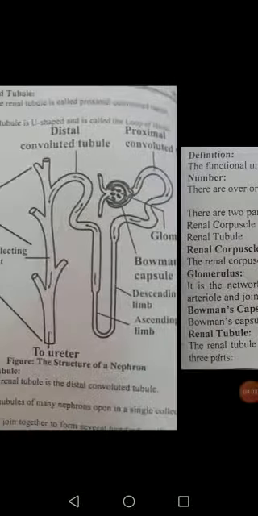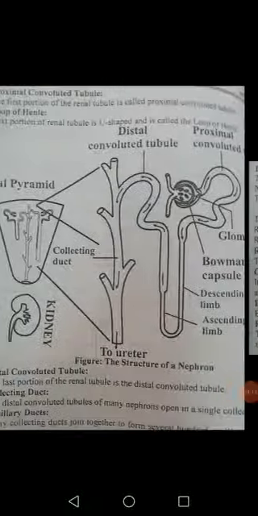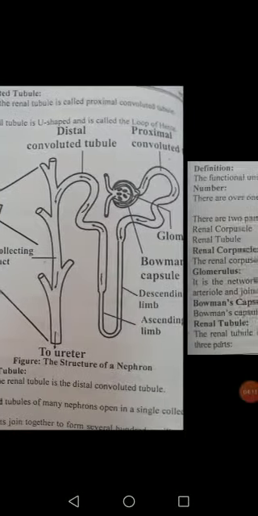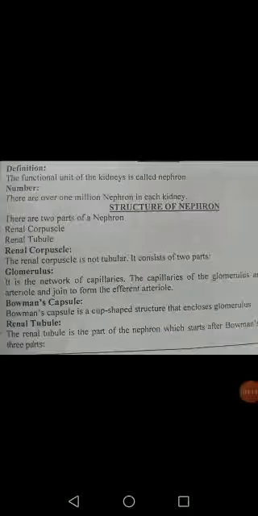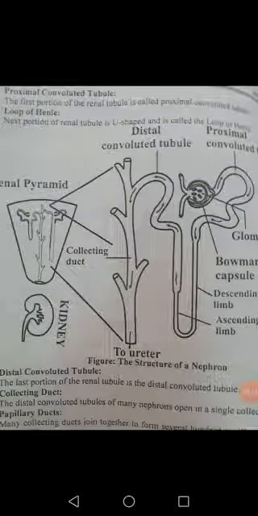The glomerulus is surrounded by a cup-shaped structure called Bowman's capsule.